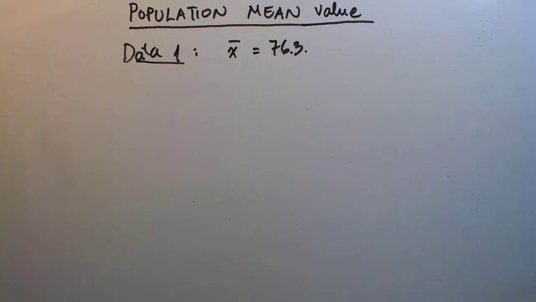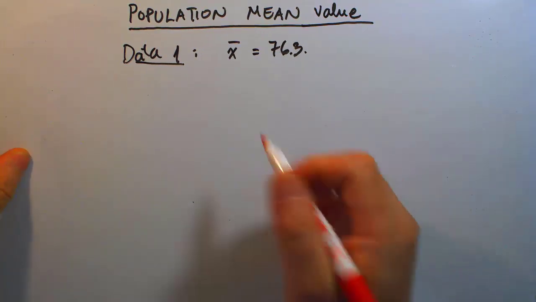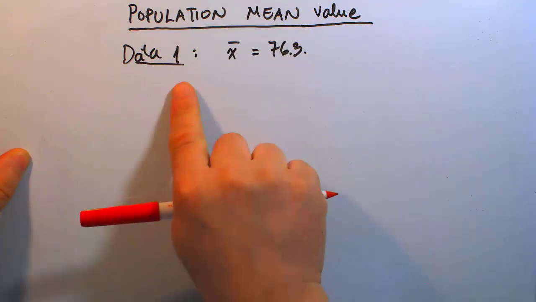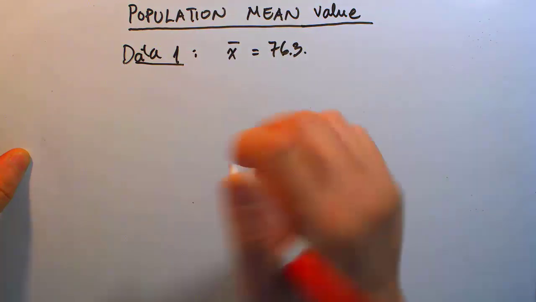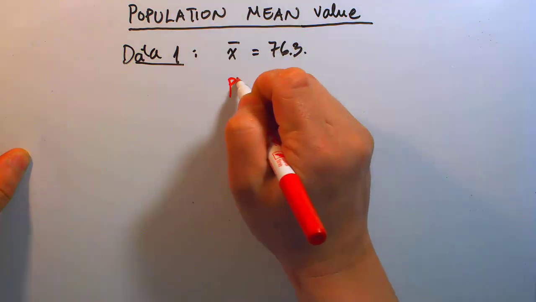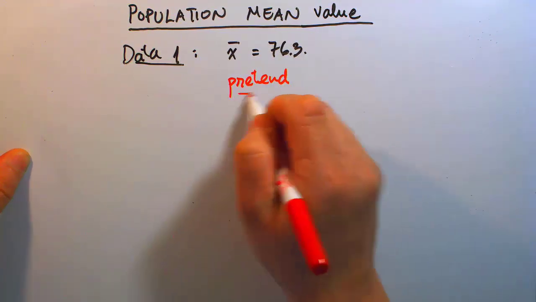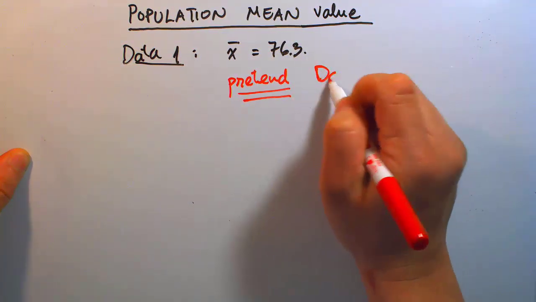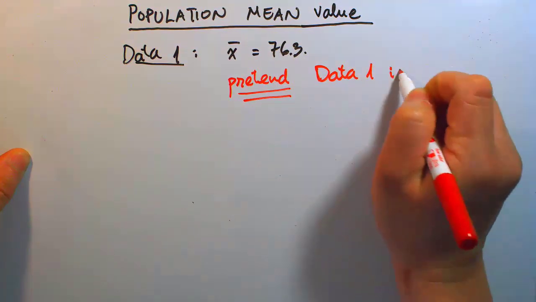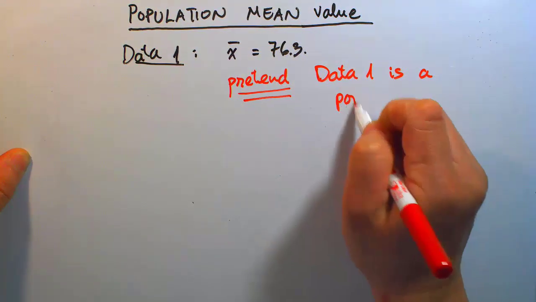Before we go further, I have to make another line here. Apparently, I made it clear in an earlier part of this lecture that data one is not a population data. But in a situation like this, where we're learning a new concept based on it, let's pretend that data one is a population data.